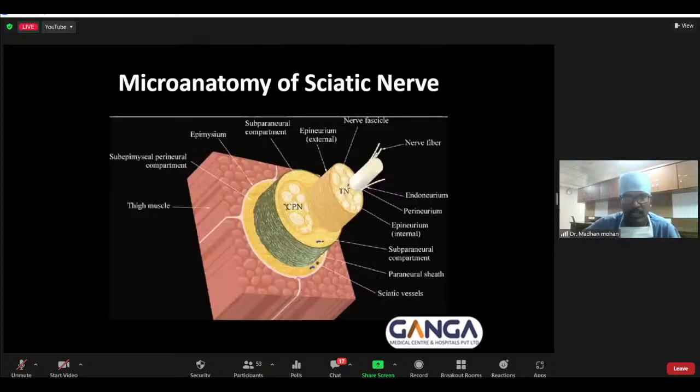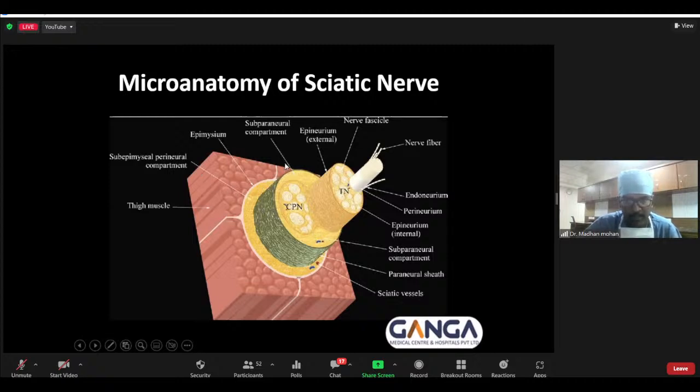Now coming on to the microanatomy of the sciatic nerve. As I told, this is very important to know in the popliteal sciatic region. Both the components, tibial nerve and common peroneal nerve, are enclosed in a common paraneural sheath, a connective tissue. Here you can see this green region is the paraneural sheath. This is the epimysium of the muscle, and this is the subepimysial perineural compartment.